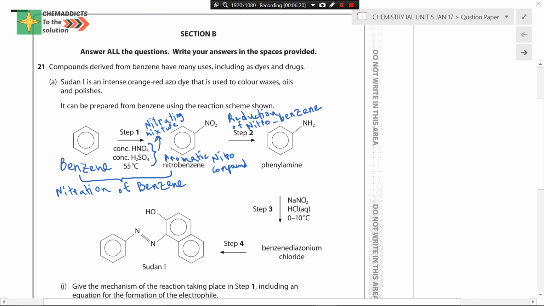Now let us discuss the reagent that is required for this reaction. The reagent that is required is tin and concentrated.